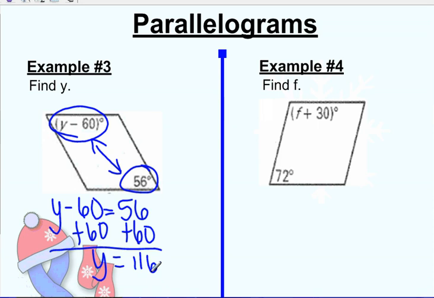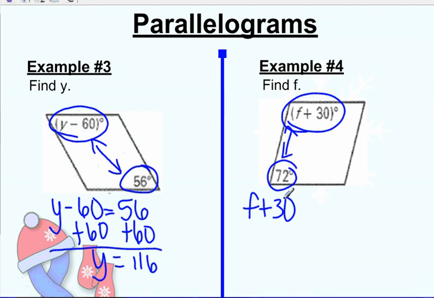Looking at f, these are not diagonally across from each other. 72 and f plus 30 are right next to each other. They share the same side, whereas the angles that we did in example 3 do not share the same side. These do, so they're going to add up to be 180. So we're going to have f plus 30 plus 72 equals 180 degrees.